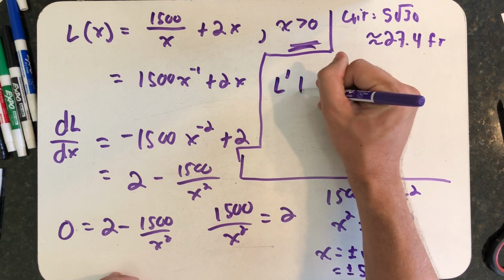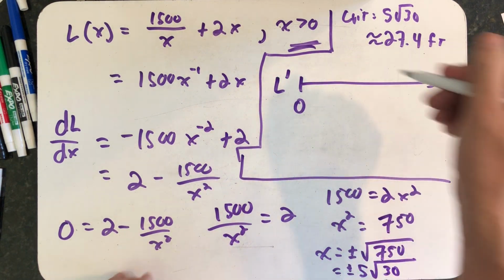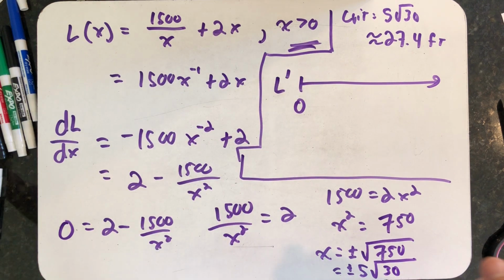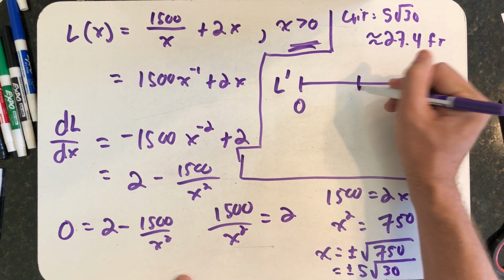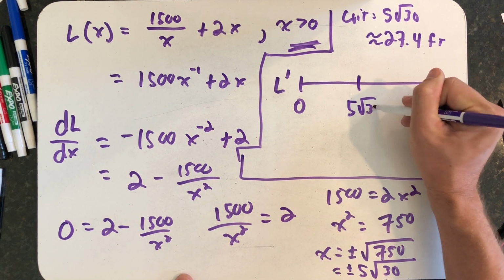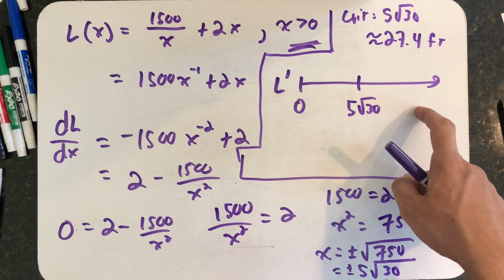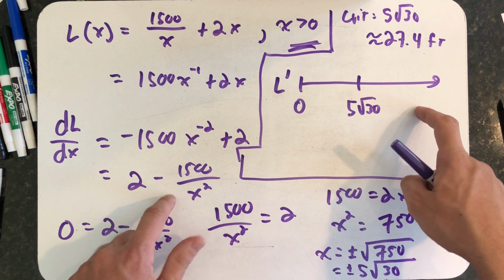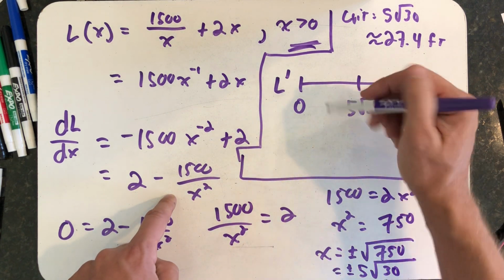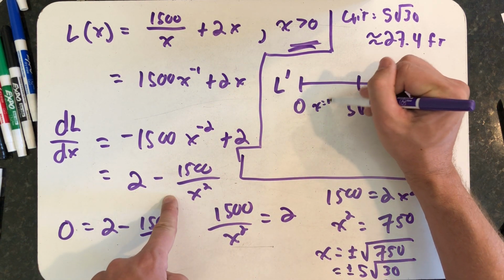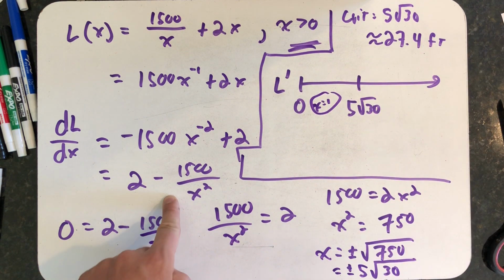All right, so L prime. Let's talk about the signs of L prime. I know I don't need to worry about x's that are to the left-hand side of 0. My only critical point is 5 root 30, so I can try a sample point on either side. I think the easiest thing to plug into my derivative to test sign will be x equals 1, because x equals 1 is almost always an easy thing.